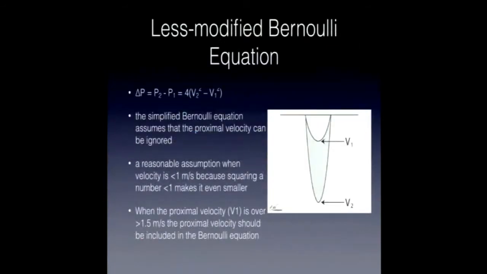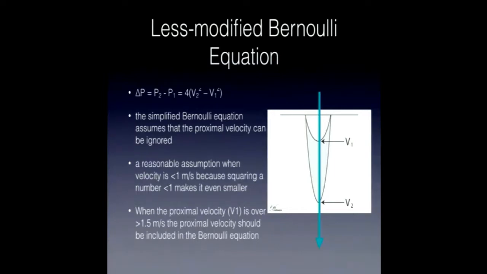There's a slightly less simplified Bernoulli equation, and that takes in the proximal velocity. If you're lining up an insonation line down the middle of the LVOT into the aortic valve, you're going to have a velocity 2 across the aortic valve, but a velocity 1 in the LVOT as things start to accelerate faster towards the aortic valve.